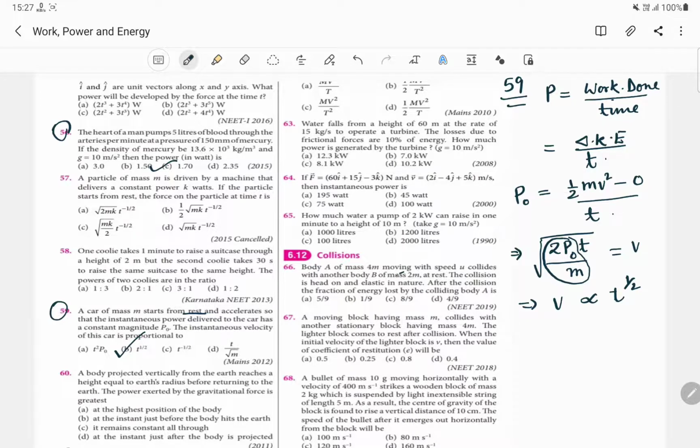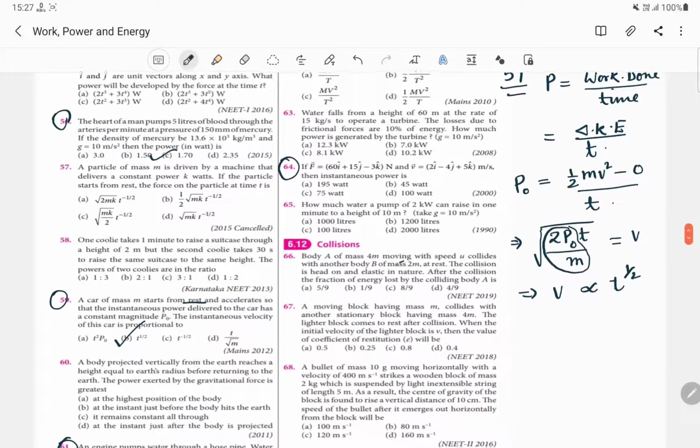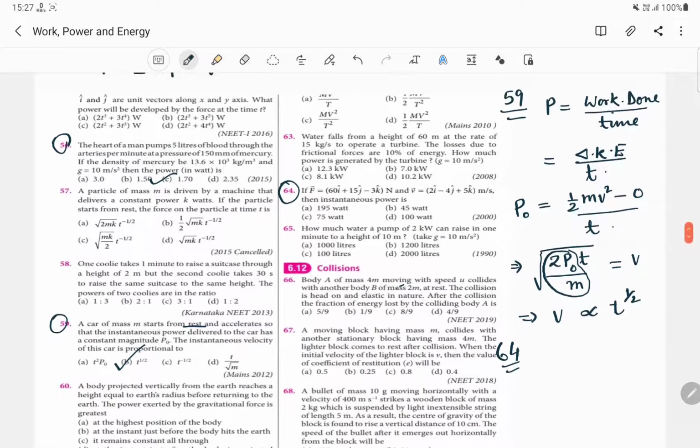Now let us do one more question, question number 64. We have the force vector F equal to 60 i cap plus 15 j cap minus 3 k cap.